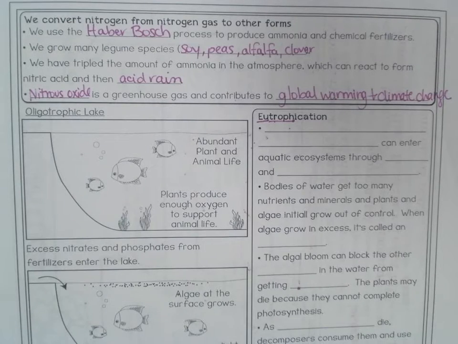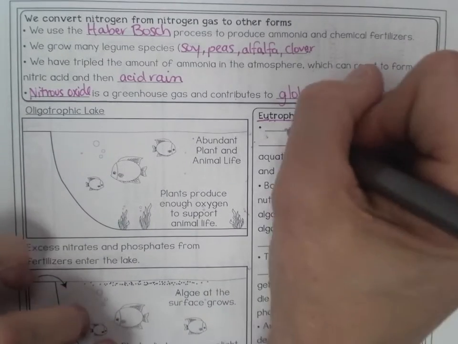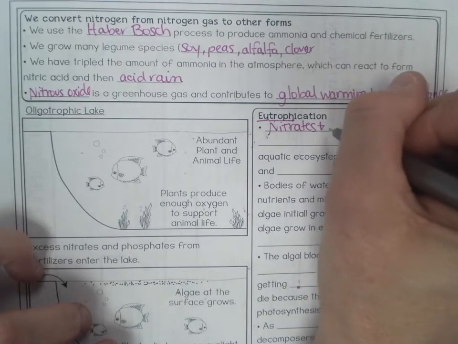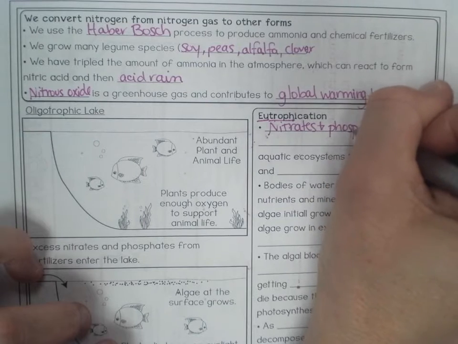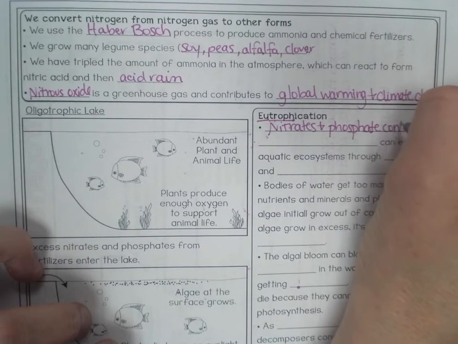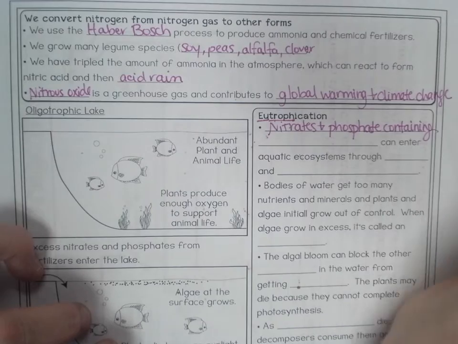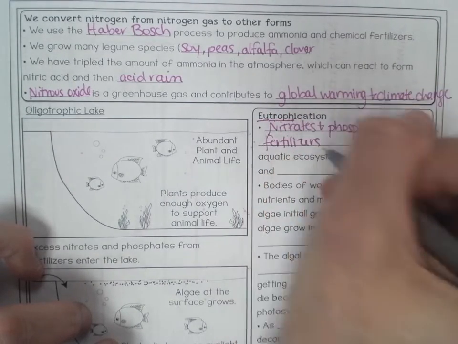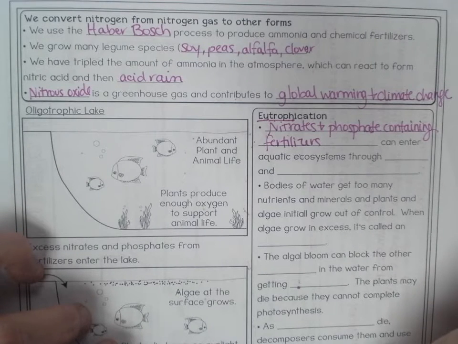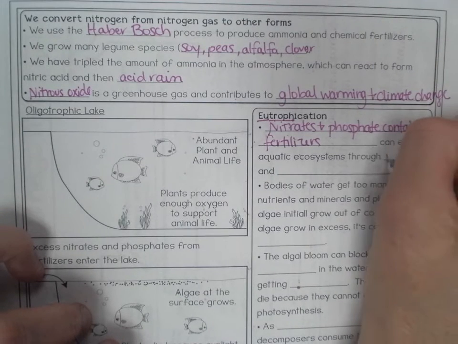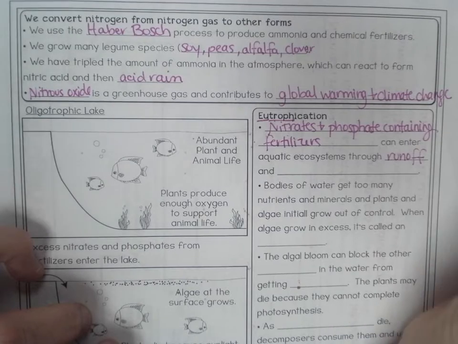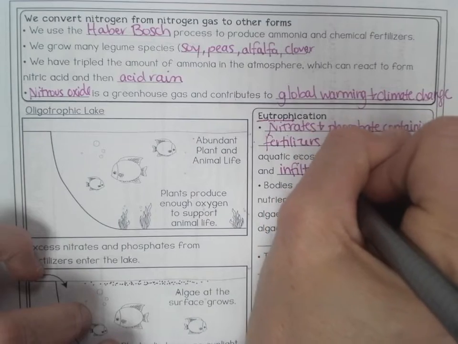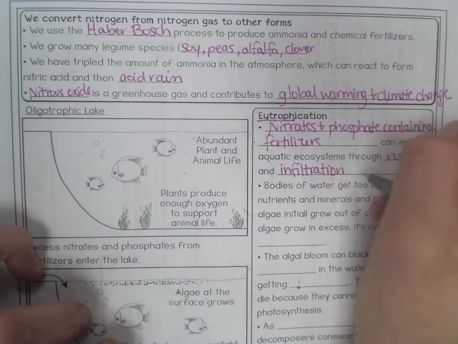Eutrophication is where nitrates and phosphate-containing fertilizers can enter aquatic ecosystems through runoff and infiltration, also sometimes called leaching.